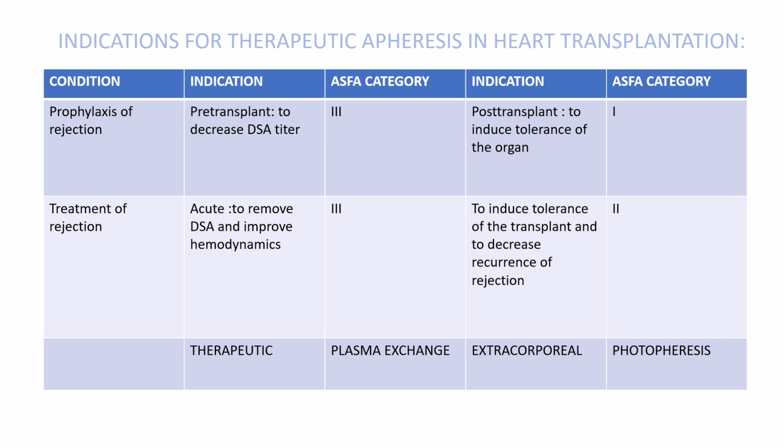For treatment of acute rejection, to remove the DSA and improve hemodynamics, it is category 3. And to induce tolerance to the transplant to decrease recurrence of rejection, it is category 2. So for pre-transplant and acute cases, we go with therapeutic plasma exchange, and for post-transplant, we can go with extracorporeal photopheresis.